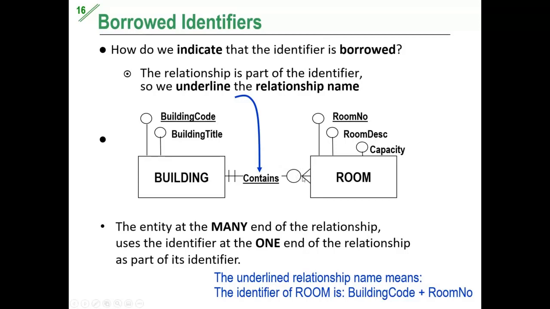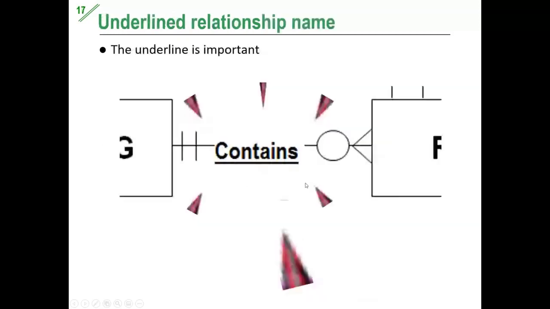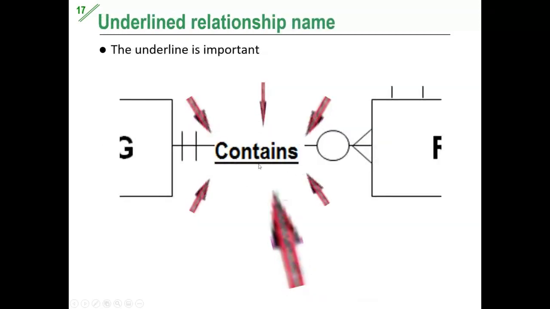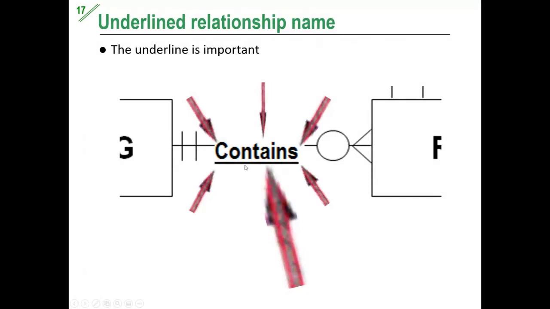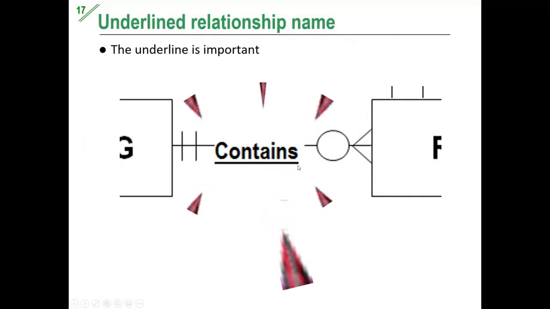So it has a dual role: it is a part of the identifier as well as a foreign key. Remember to underline. If you borrow something from the other side, make sure you underline the relationship.